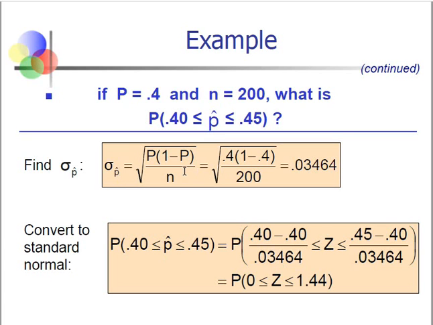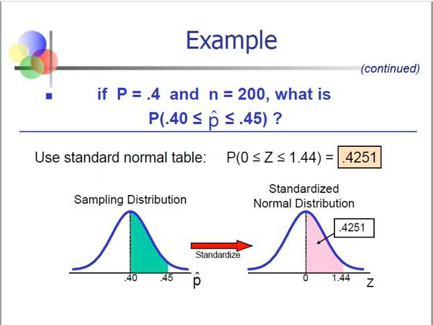As you can see, we found it earlier, so it's the one we use to divide there, which is 0.03464. When we standardize, we find the Z values 0 and 1.44. So we are just finding the probability between 0 and 1.44.